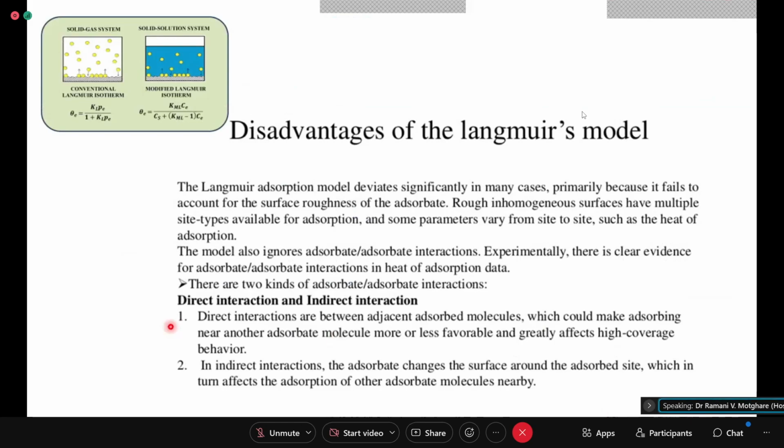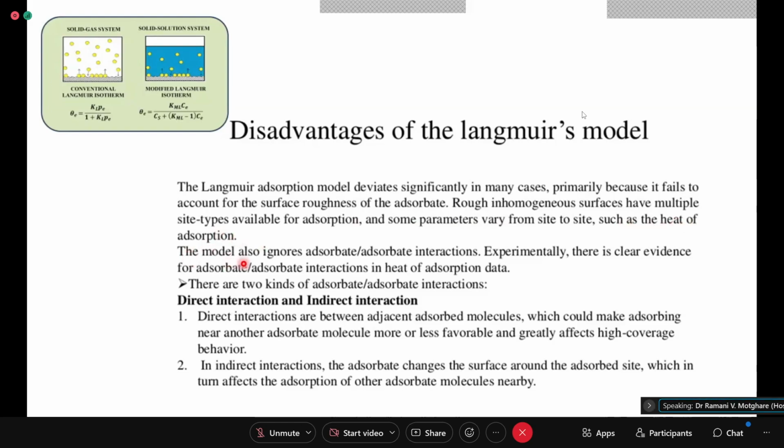Now, the disadvantages of the Langmuir model are: the Langmuir adsorption model deviates significantly in many cases primarily because it fails to account for surface roughness of the adsorbate. Rough, inhomogeneous surfaces have multiple site types available for adsorption, and some parameters vary from site to site, such as the heat of adsorption.